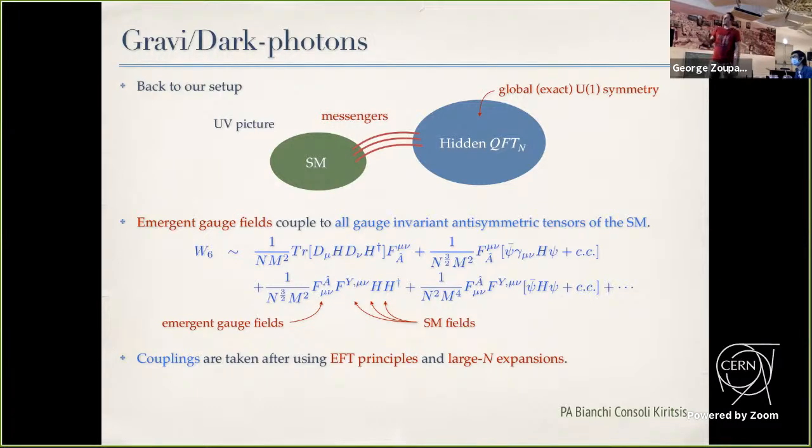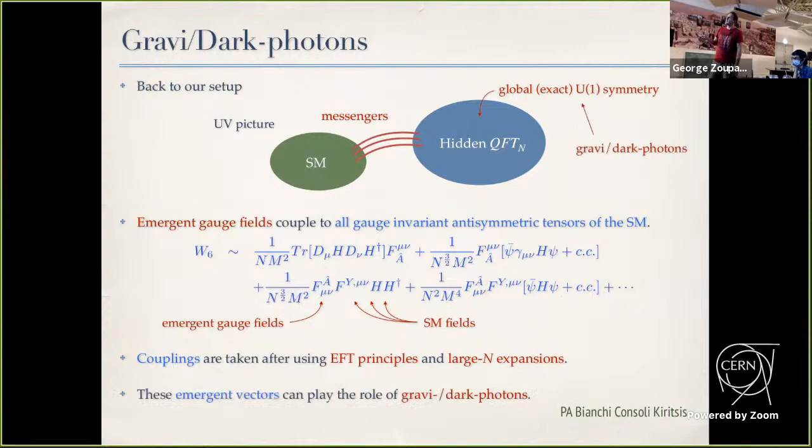So the couplings are taken after imposing some effective field theory principles and large N expansions. And the point is that these emergent vectors can play the role of gravity dark photons. They are weakly coupled to the standard model fields.